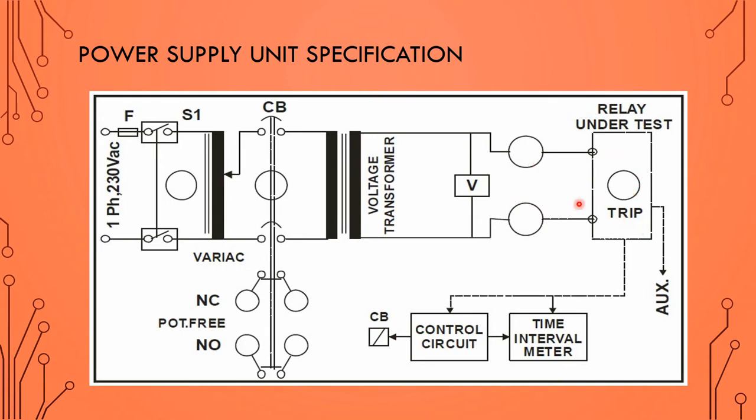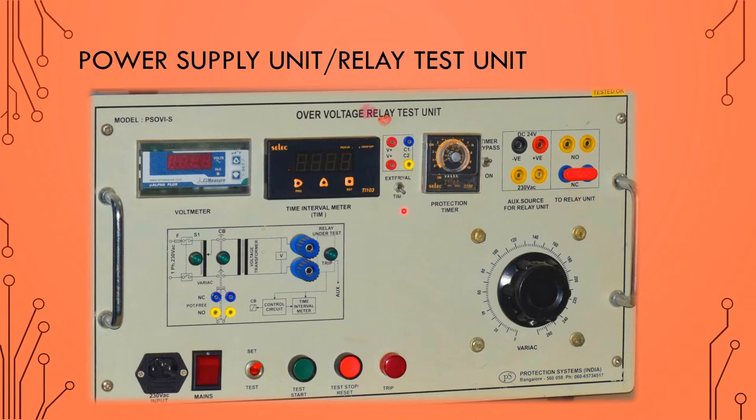So now how will we give the voltage to the relay? When we give the voltage, later we will give 140 or 150, and during this the relay will also detect the fault. That means when we increase the voltage to some particular fault voltage, the relay will sense the fault and give the trip signal.